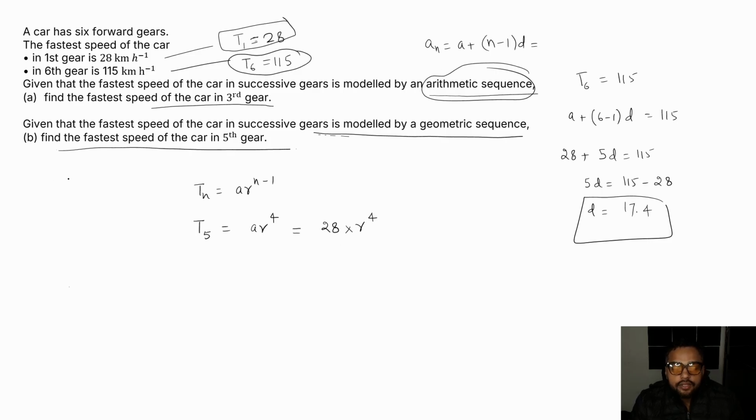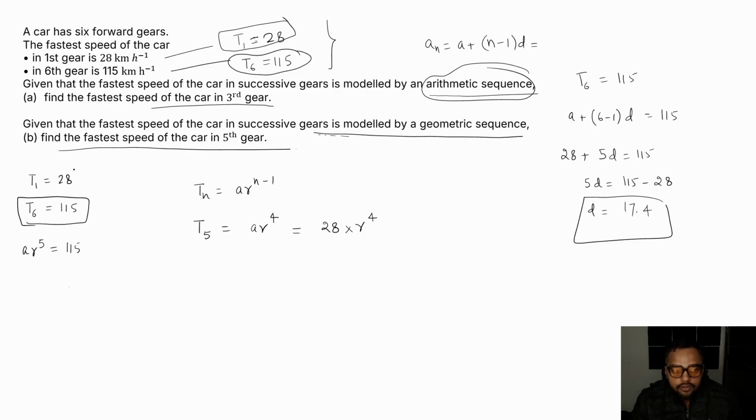So students, T1 is equal to 28 according to the question, and T6 is equal to 115, which are the primary values given in the question. According to the general formula of geometric sequence, this could be written as a r raised to the power 5 equals 115.